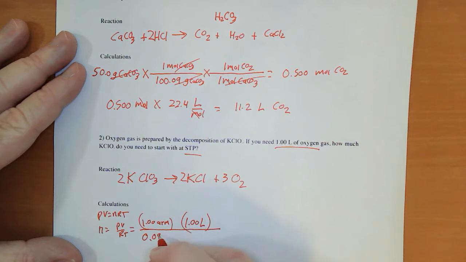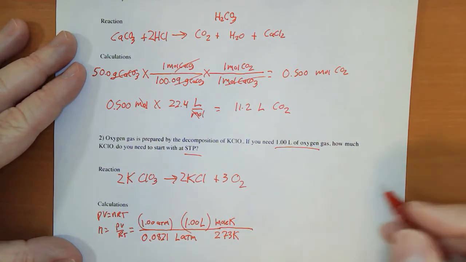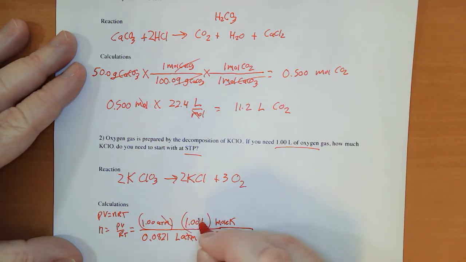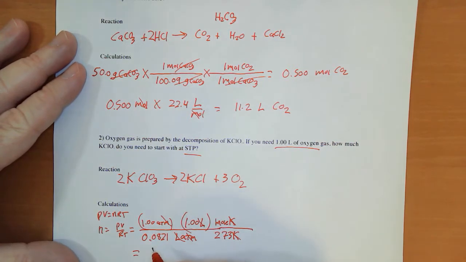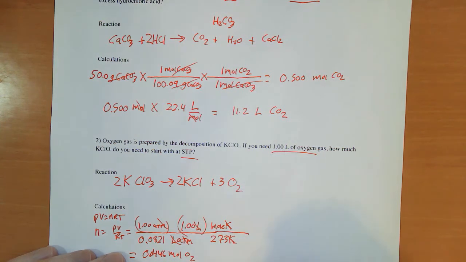R is 0.0821 liter atmosphere per mole K. And the temperature at STP is 273 K. Atmospheres, liters, and Kelvin cancel. And this came out to be 0.0446 moles of O2.